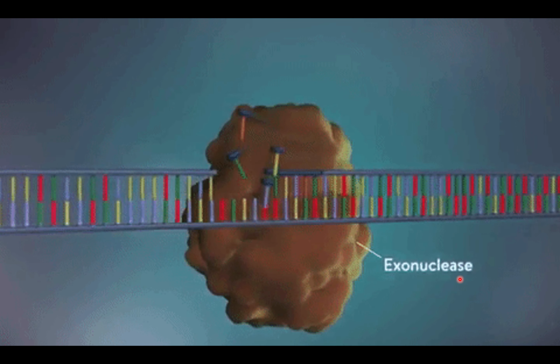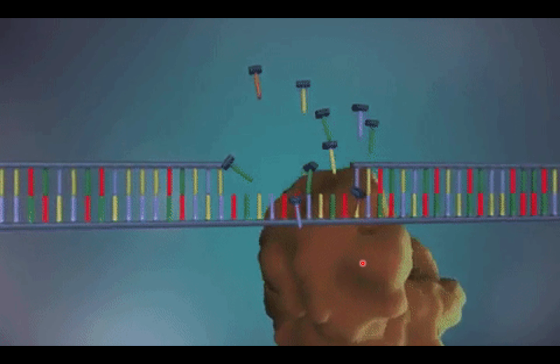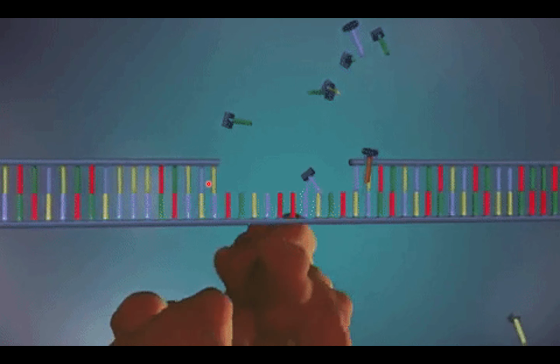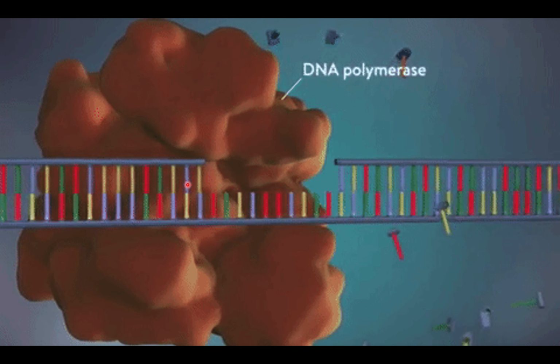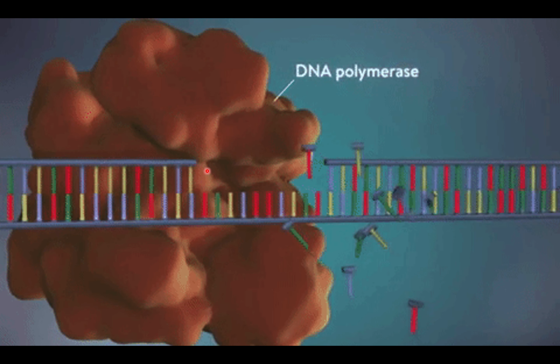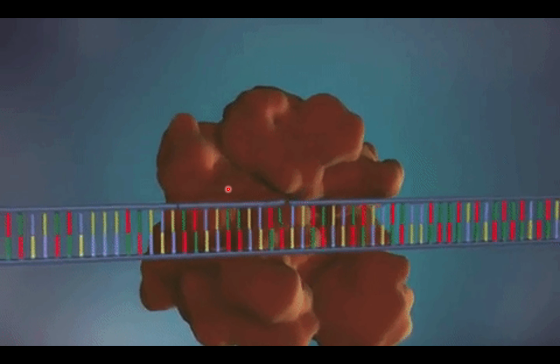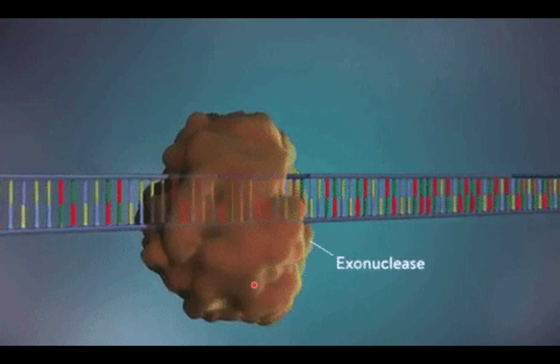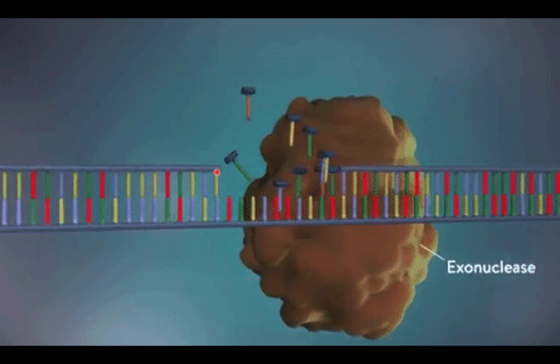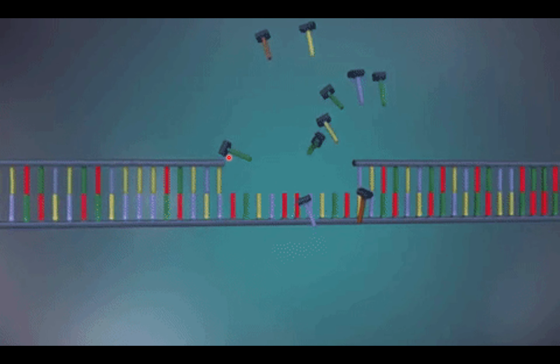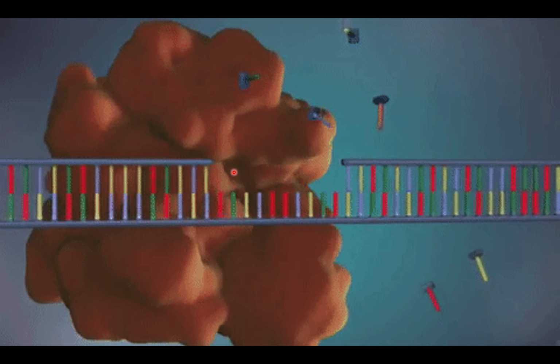This is what we're looking at. This is the exonuclease activity of DNA polymerase, removing the primer, and then it just comes back to lay the new DNA. However, notice this right here. It's kind of hard to see, but there is a small cleft left, all right?